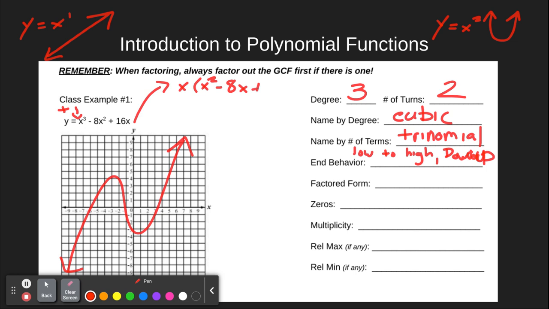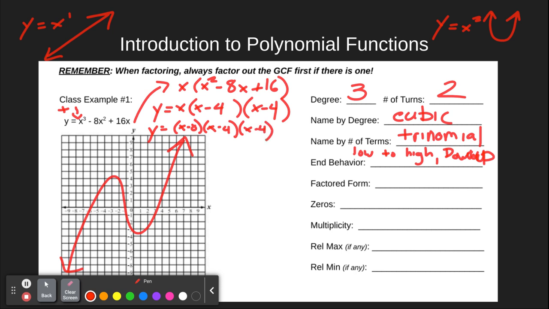Well, this is what we just got done doing. So we're looking for 2 numbers that multiply to be 16 and add to be negative 8. That must be x minus 4 and x minus 4. And you could even consider this x minus 0 times x minus 4 times x minus 4. So what's going on with this?